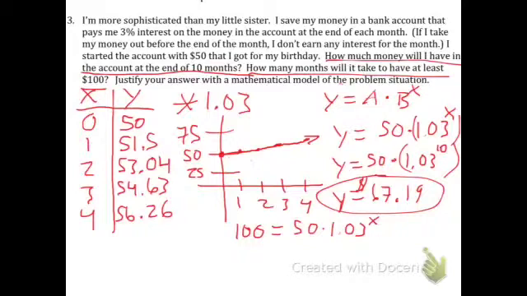Which sounds reasonable. And if you plug in 30 months, hold on, let me put that in there, 1.03 to the 30 months, you're going to get 121.36.